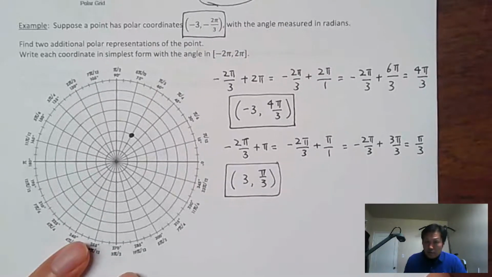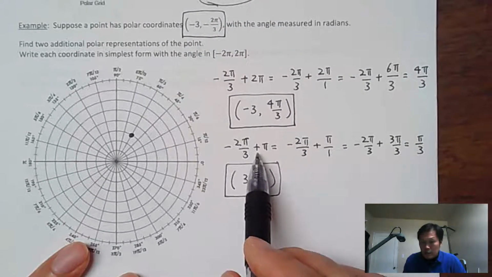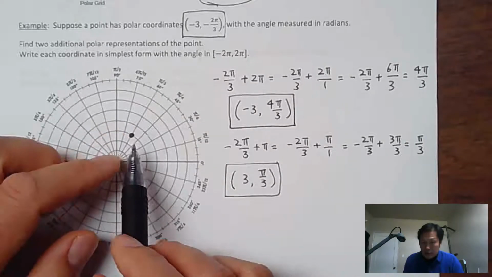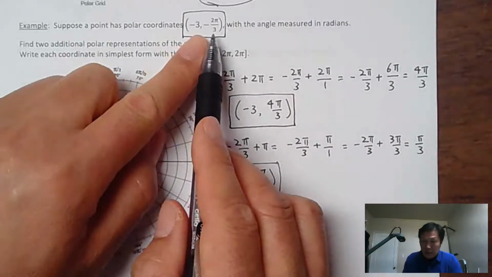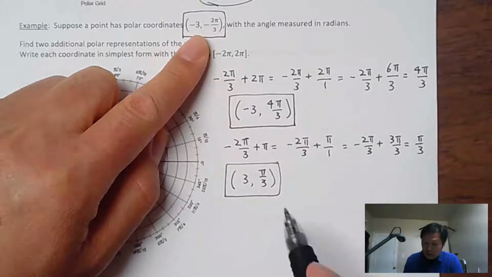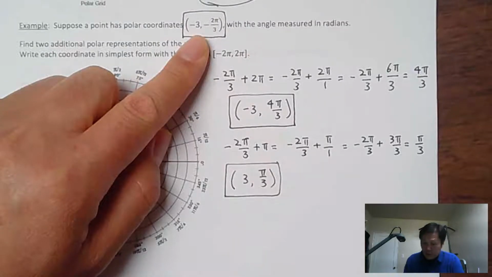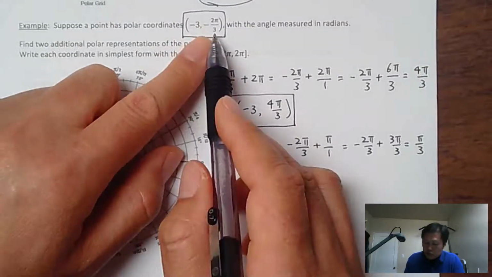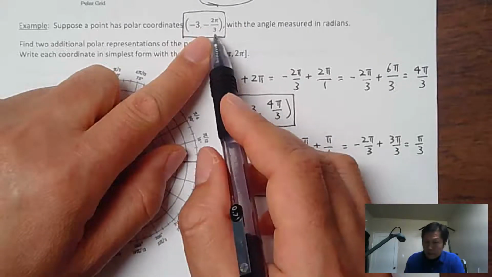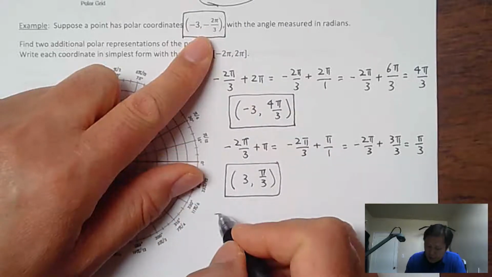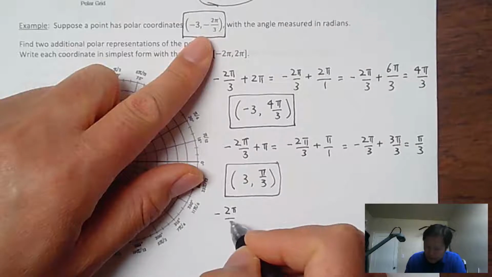Someone might say, well, why did you add 180? Can you subtract 180 from this angle? Yes, you could. So these are not the only answers possible. If you choose to subtract 180 degrees from here, that is also a possible answer.